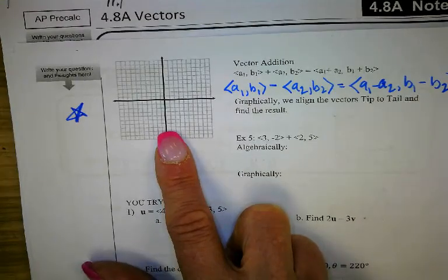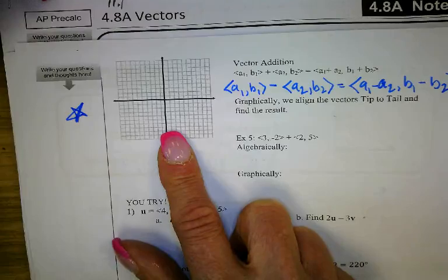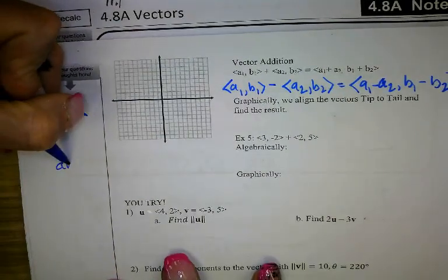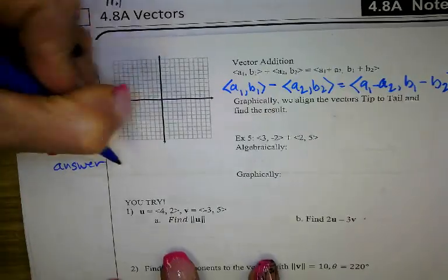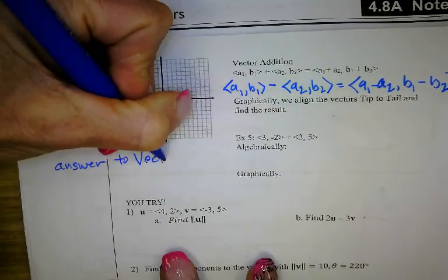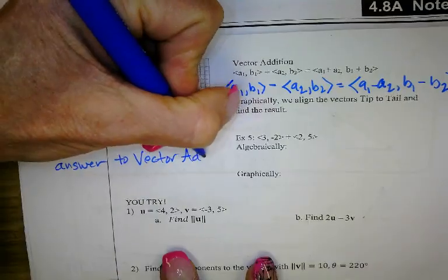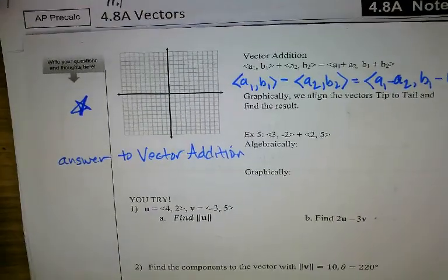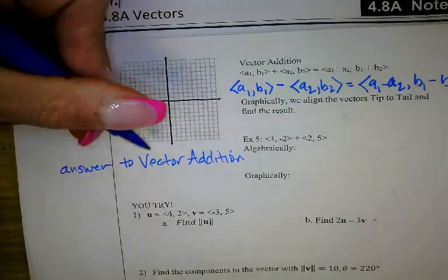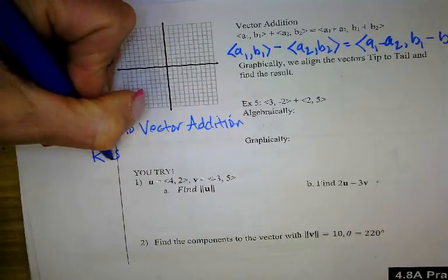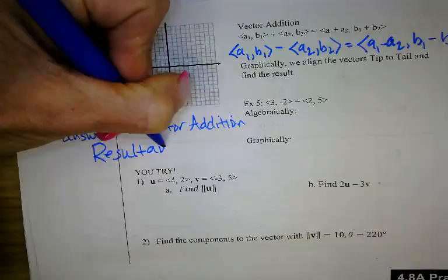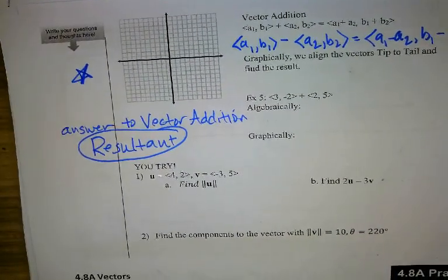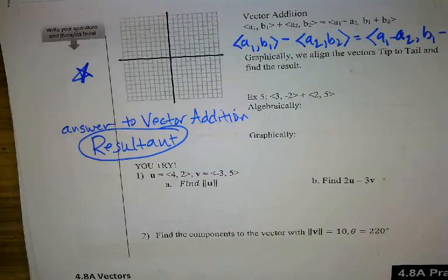But when you do vector addition, we're just always going to call it addition, because for subtraction, you just multiply by -1 and then add. The answer to vector addition is called the resultant. That's new vocabulary, because some questions might say, what is the resultant vector when this happens?